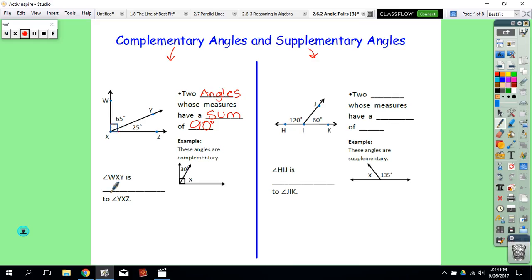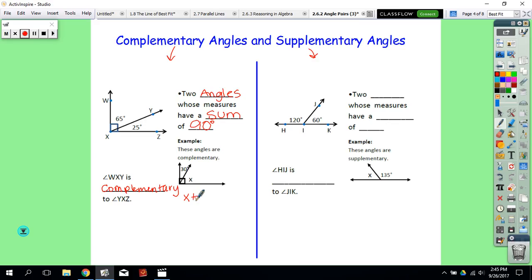So down here we would say angle WXY is complementary to angle YXZ. So if we were to add these two angles up, we would get 65 plus 25. We would see that those are 90 degrees. Same thing with this one down here. These two angles here have to add up to 90.